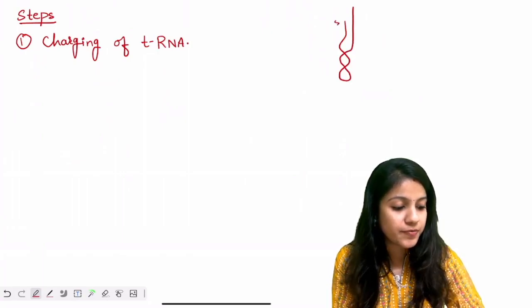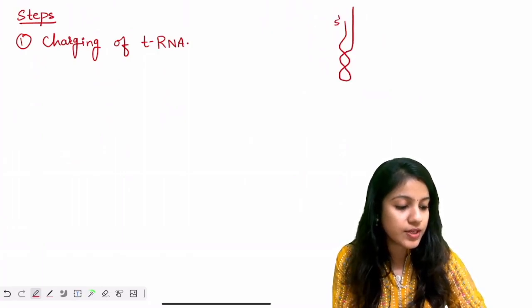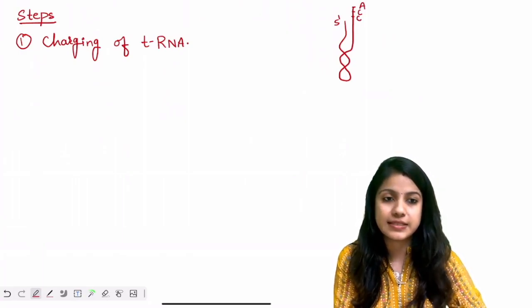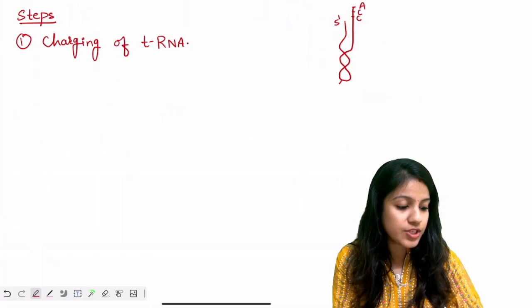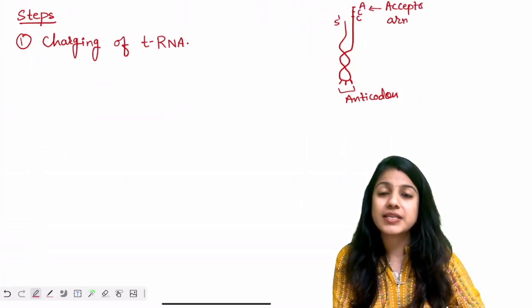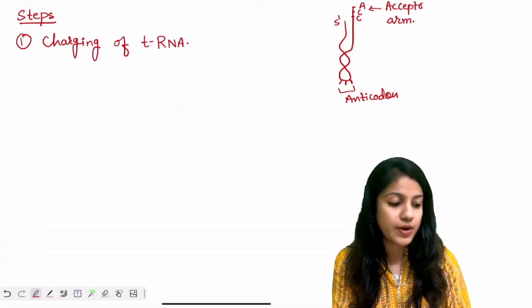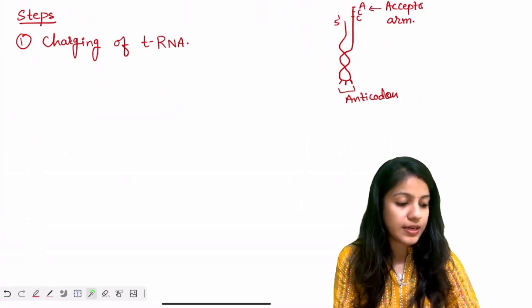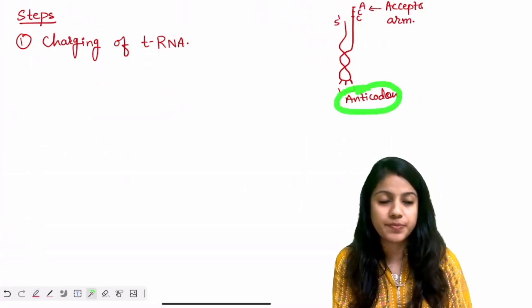So 5 prime is the start position, 3 prime is the end position where three bases are free, that is C, C, A. This one is the 3 prime position, also called as acceptor arm, whereas this position is called as anticodon position. This is anticodon loop, whereas this is called as acceptor arm, which will accept the amino acid depending upon the type of anticodon which is present, right?